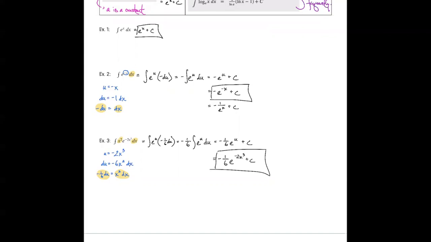You're going to see a lot of really complicated integrals in Calc 2, way crazier than what we're taking a look at here. You're going to learn a lot more techniques, but it's always worth trying U sub first, because sometimes we overthink things and we're like, oh, it just has to be something more complicated. But a lot of times we can bring it back to those fundamentals.